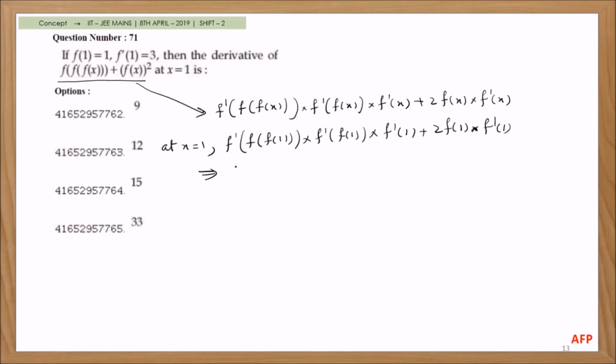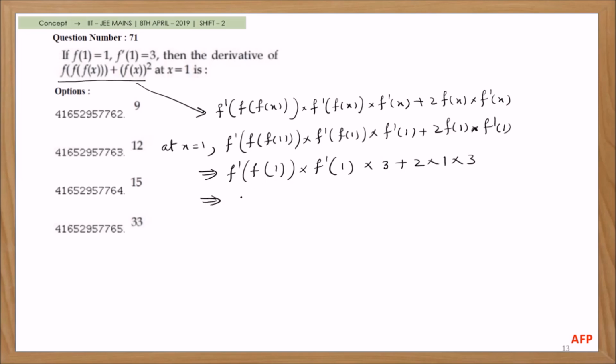So this implies f dash of f of 1 is 1 here, into f dash of 1. What is f dash of 1? f dash of 1 is 3, plus 2 times f of 1 is 1, f dash of 1 is 3.